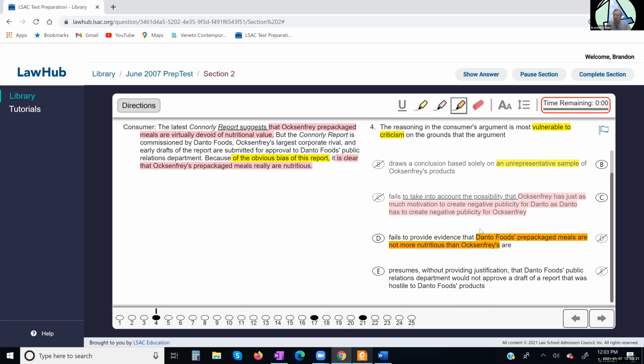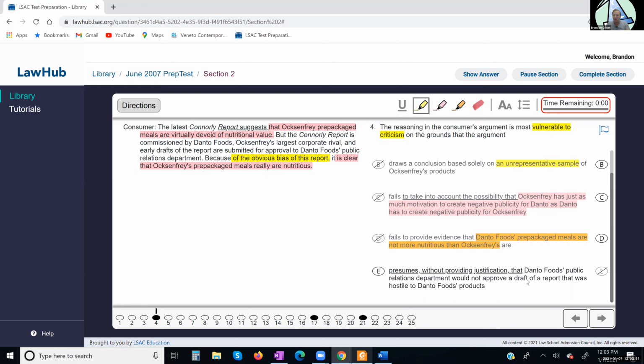We have to notice the degree language, that it's comparing the nutrition of D to O. Since our conclusion was absolute, a non-comparative level of whether O's food is nutritious, we don't care about D versus O's nutrition. Where D and O stand comparatively is irrelevant to whether O's food is nutritious. So the trap of D is relative, comparative, where this stimulus is absolute. E, presumes without providing justification, that would be necessary assumption language.